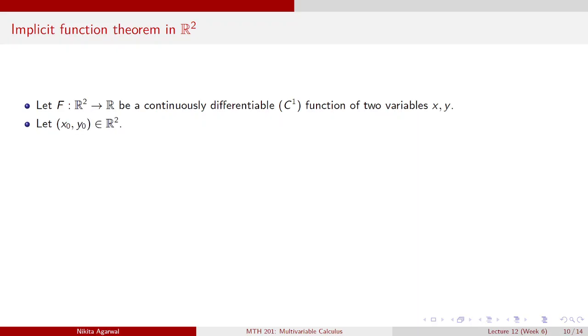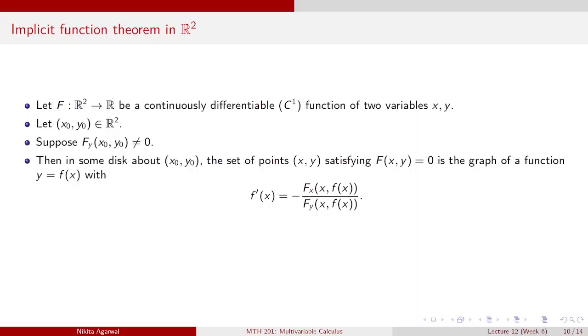Suppose you have a point x0, y0 in R2 such that the partial derivative of f with respect to y at this point is non-zero. Then in some disk about this point, the set of points x comma y which satisfy this equation is the graph of a function y equal to fx.